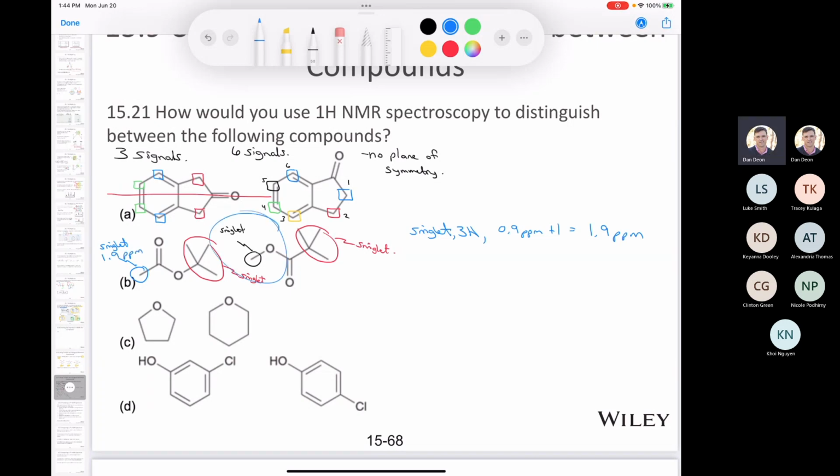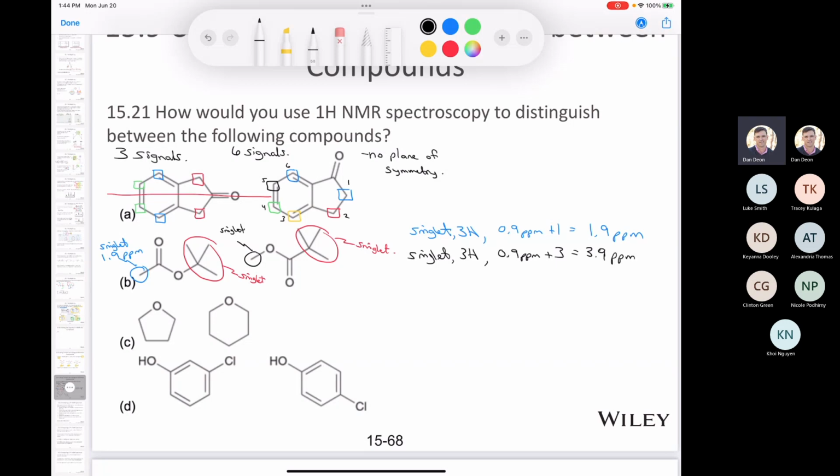Whereas this one here, let me use my black pen, this one also gives you a singlet that integrates for 3 protons, but now what's my chemical shift? I have the baseline of 0.9 parts per million, but it's alpha to the oxygen, the sp3 hybridized oxygen of an ester. So for that, we add 3. Huge difference between the 2. This is going to have a chemical shift of 3.9 parts per million.